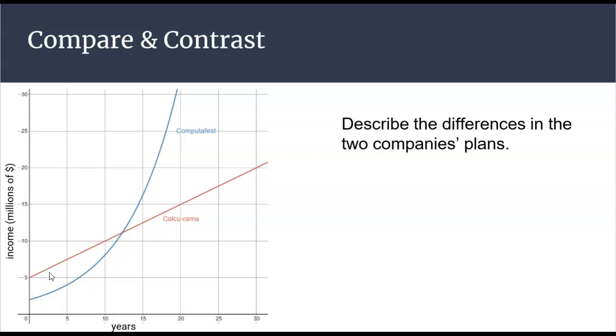Let's see, we can see that Calcu-rama is linear and Computafest is exponential. This one's linear. This one's exponential. We can see they cross at some point. We see that Calcu-rama starts out higher but ends lower.